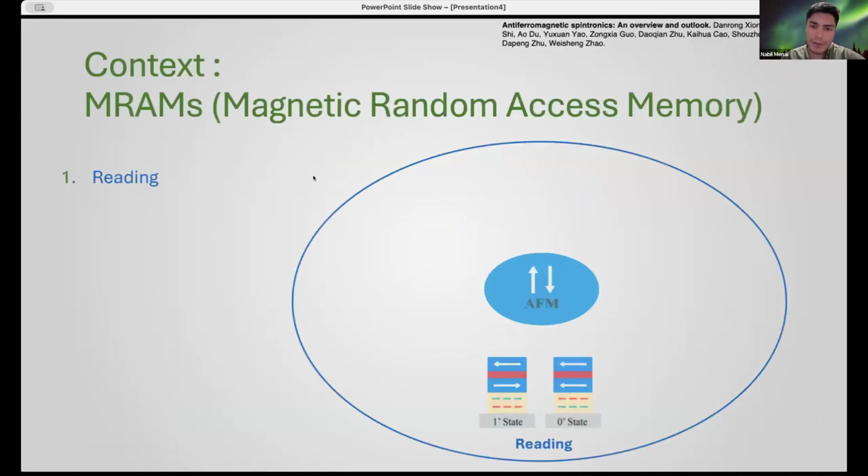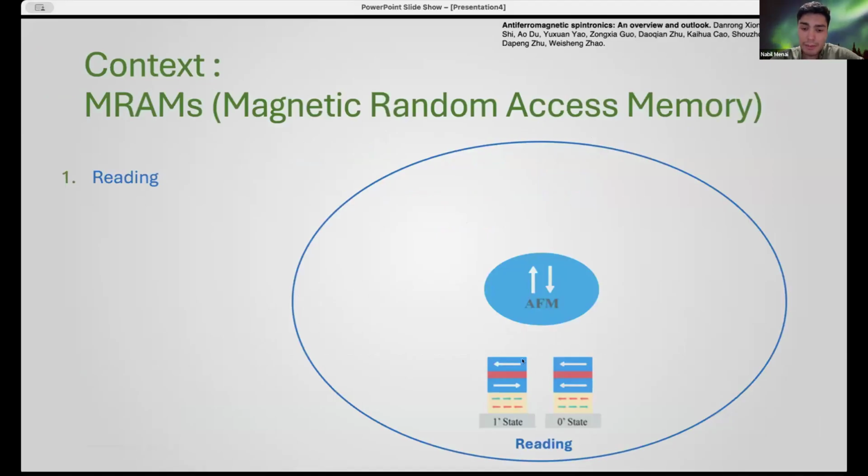Before we dive deep into the subject, I would like to talk a little bit about antiferromagnets. In recent years, there has been a huge amount of research in antiferromagnets for many reasons. The first one is that they can be used for reading, as you can see here below.